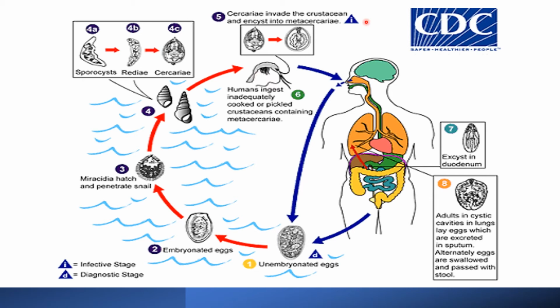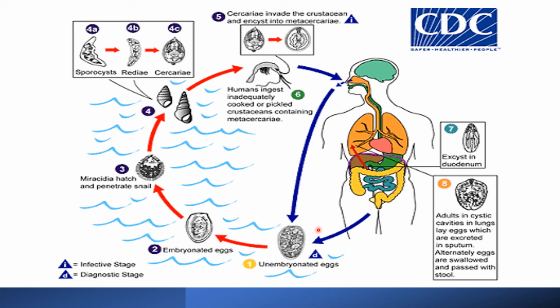Humans ingest inadequately cooked or pickled crustaceans containing metacercariae, and the metacercariae excyst in the duodenum. The larvae penetrate the intestinal wall and migrate to the abdominal cavity, diaphragm, and pleural cavity down to the lungs. The larvae mature to adults in the vicinity of the bronchioles, where they discharge their eggs into the bronchial secretions.